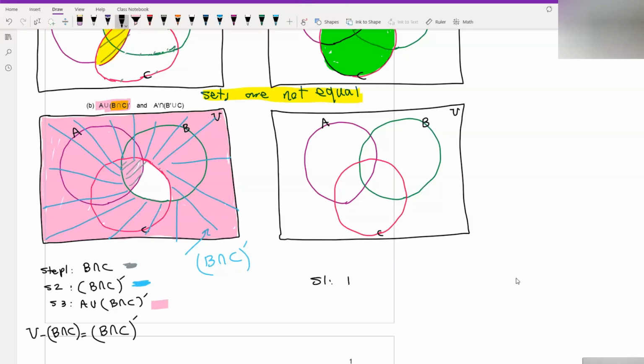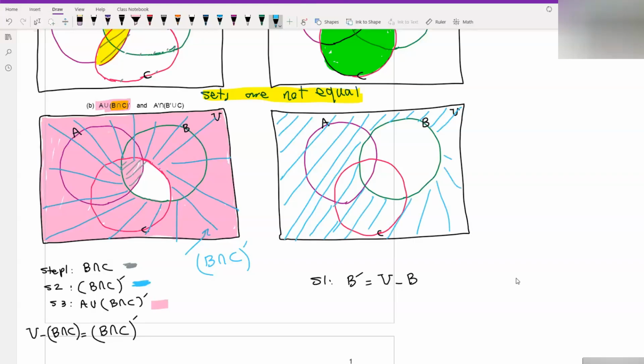Step one, we have to find the complement of B, which is universal set minus B. So universal set minus B, anything except B, that is the answer for B prime or complement of B. So all members except what you have in B. So that in blue is the complement of B.